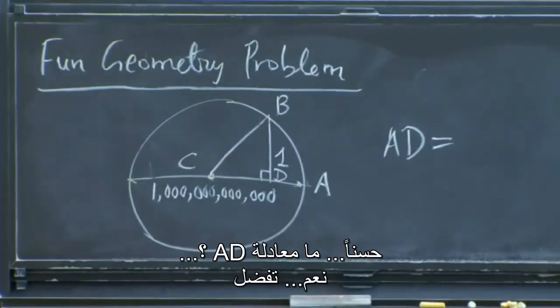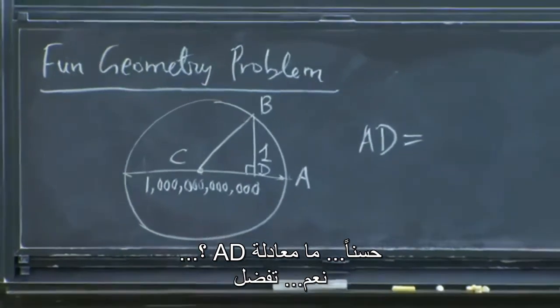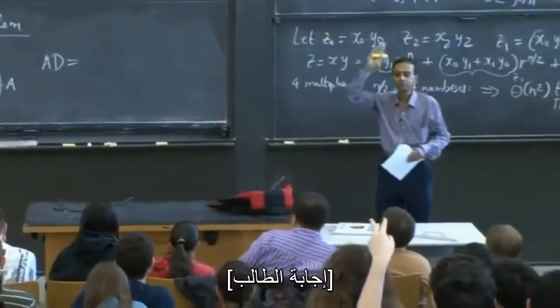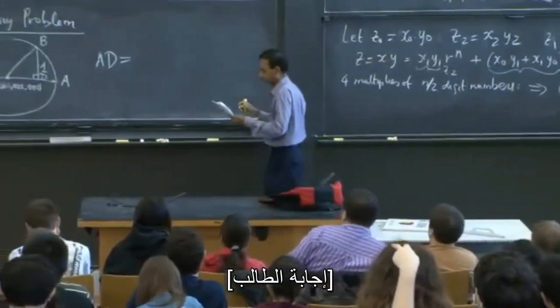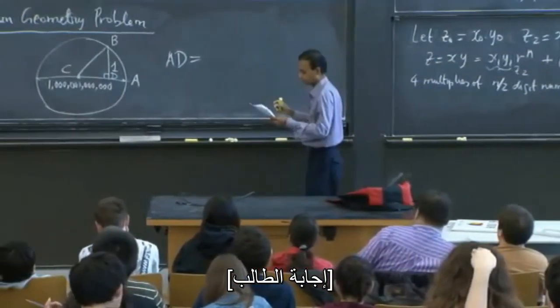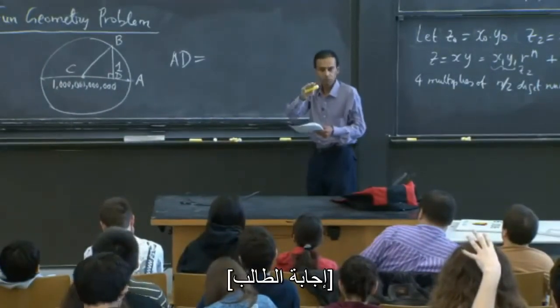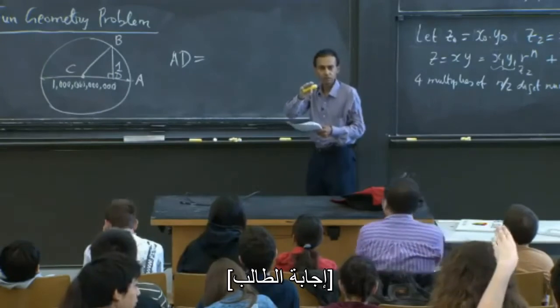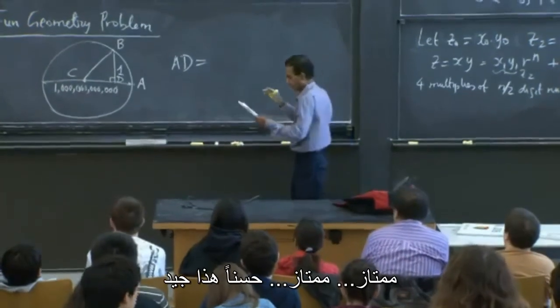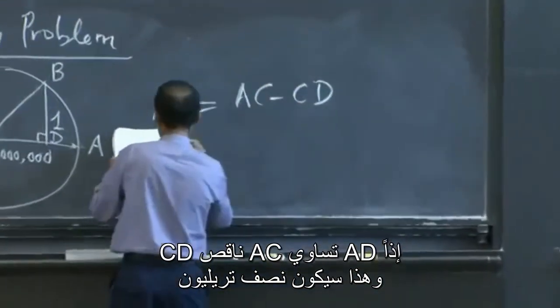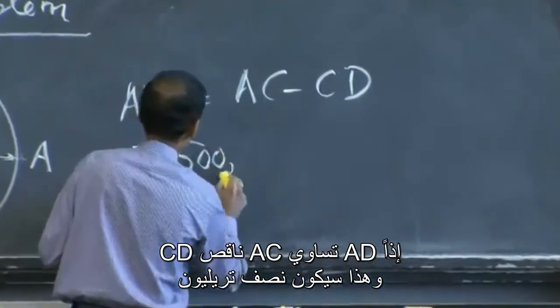So what's an equation for AD, guys? Yeah, go ahead. The radius, 500 billion, minus the square root of 500 billion squared minus 1. Perfect. So AD equals AC minus CD, and that is going to be 500 billion.